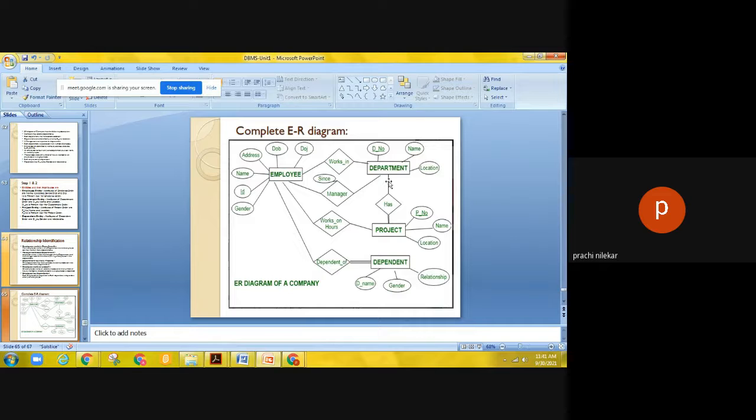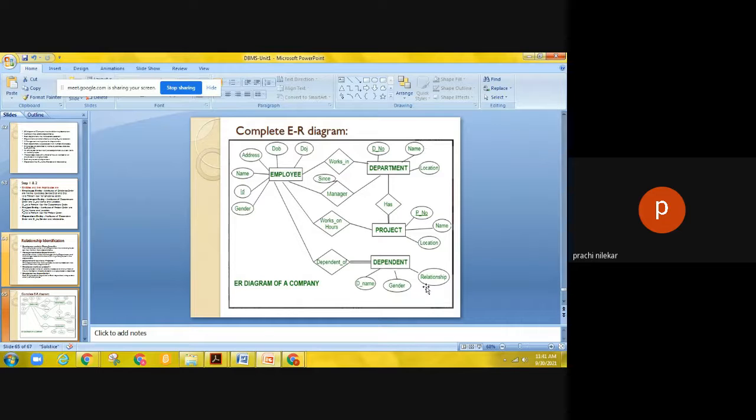Then we are adding the attributes for the department, that is department number, name, locations. And the project: project number, name, and locations. These are the attributes. And dependent: name, gender, and relationship. These are the attributes.